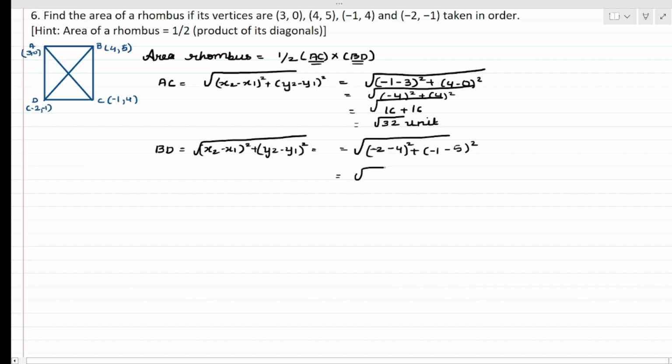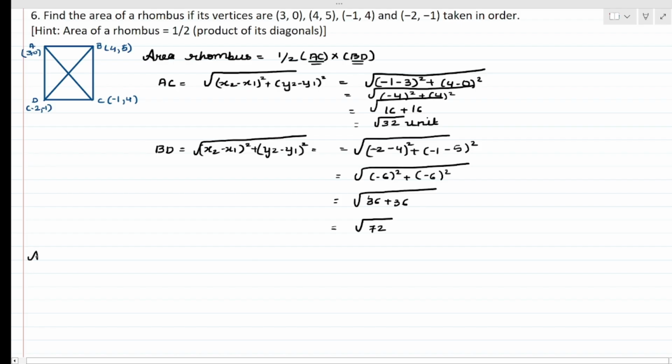Hmm, following the same steps, we get minus 6 the whole square plus minus 6 the whole square. 6 square means 36. So you will get under root 36 plus 36, which gives you under root 72.